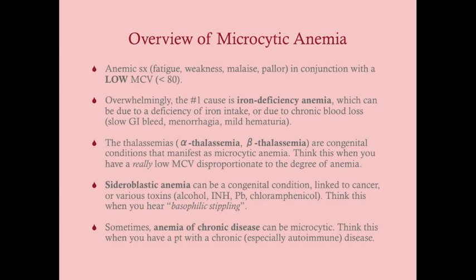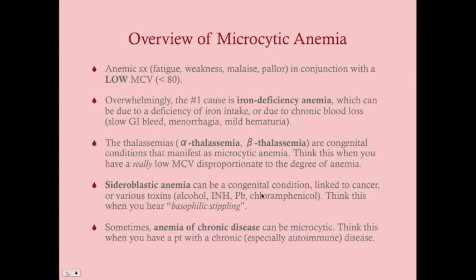Sideroblastic anemia is another congenital condition. However, it can also be linked to cancer and various toxins. Sideroblastic anemia is a defect in the production of heme. So while thalassemias are a deficiency in the production of globins, sideroblastic anemia is a deficiency in the production of heme.